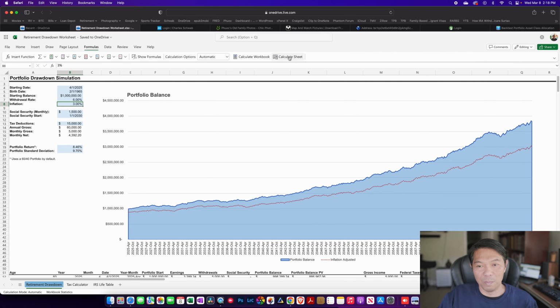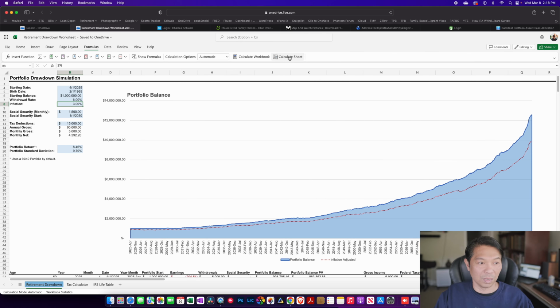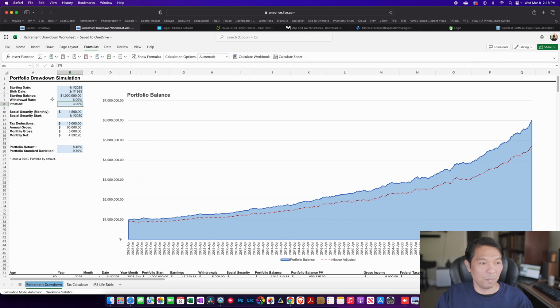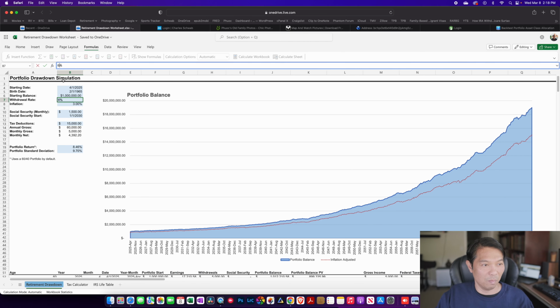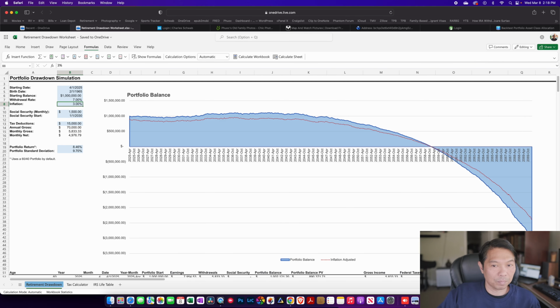And as you bump that up even more using 60/40, there will definitely be some withdrawal rates that are definitely not safe. So if I go to 7, there you go. This is what happens when you have a failure. Failure means that your balance did not last your entire retirement.